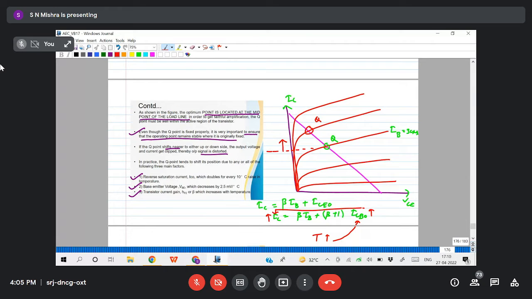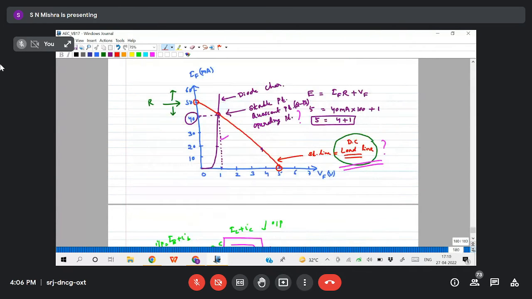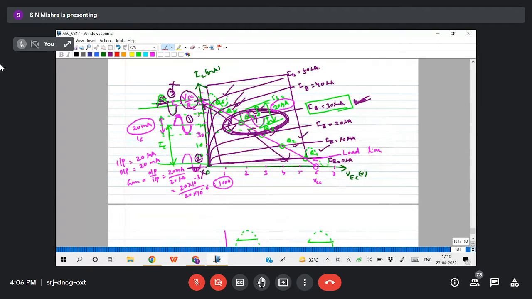So if you observe the last class graph, this one, I have chosen Q point as this one. If my Q point is shifted upward, maybe here or here, then this positive portion may clip. Before starting of operation, I have fixed my Q point here for IB 30 microampere, but due to increase in temperature, ICEO will increase, or leakage current increases.